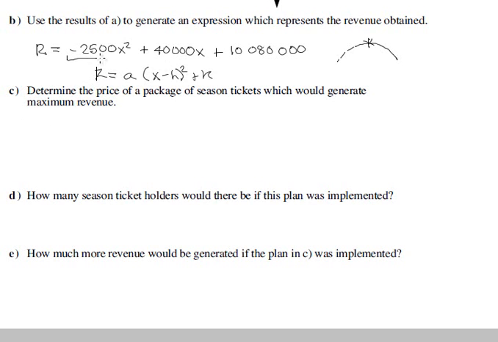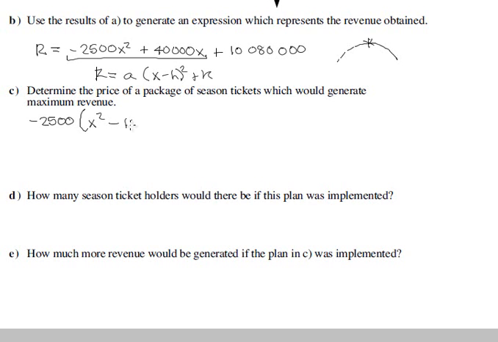Completing the square means factoring minus 2,500 out of those first two terms. By the way, if you want to do this on the calculator and find the maximum that way, I don't blame you, but if you're gung-ho and want to complete the square, I'll do this so that you can see how it'll work. Okay, we get 40,000 divided by 2,500, 16 I believe.